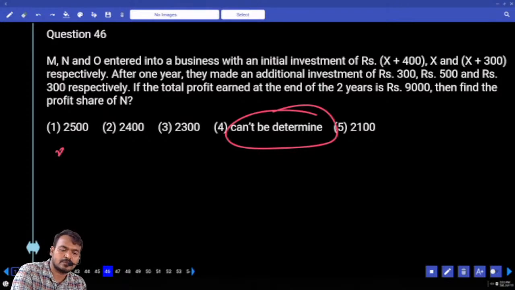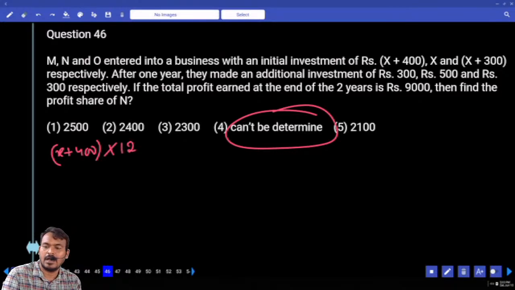What is the first one investment? X plus 400. Used for how many months? 12 months. After 12 months, how much value are added? 300 plus x plus 700 into how many months? 12 months. Yes or no?